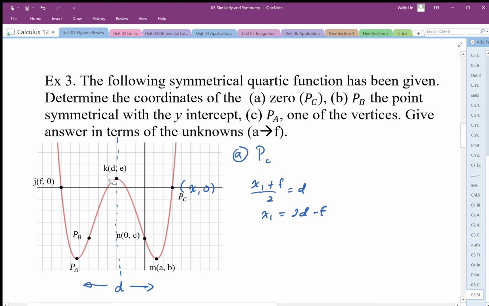However, this is much easier because I'm just using the outside points: add up the two outside points, divide by 2, I get the average or the middle. That middle point was D. So there's my x coordinate, 2D minus F, and the y coordinate was 0. This is using this idea of middle again, or average. Okay, and middle and average mean the same thing.